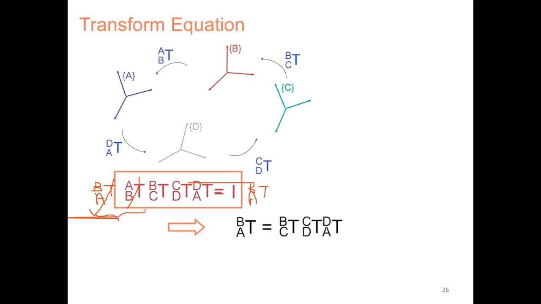When you multiply a matrix with its inverse, the answer is 1, or identity. So that goes out. What is remaining is only this part: B_CT, C_DT, D_AT, like over here.